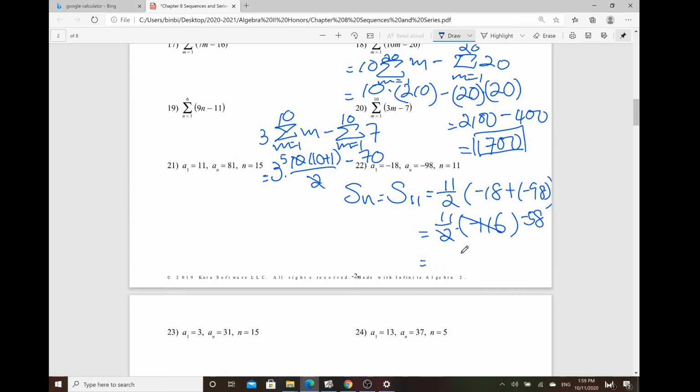Negative 58 times 10 is negative 580, and then minus 11, negative 91. Let me try to do it mentally. Okay, so that would be the sum of this arithmetic series. Let me check that, number 22.